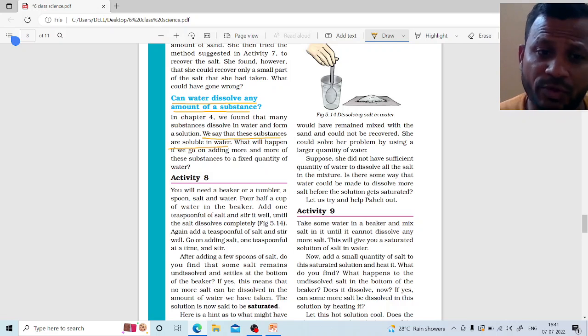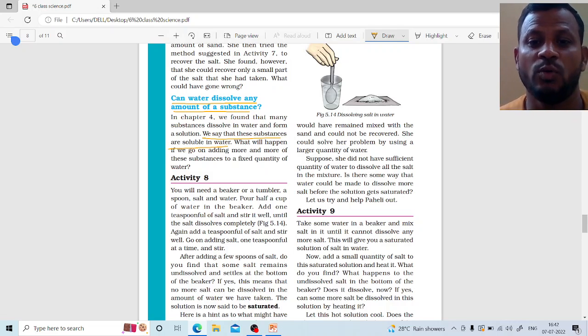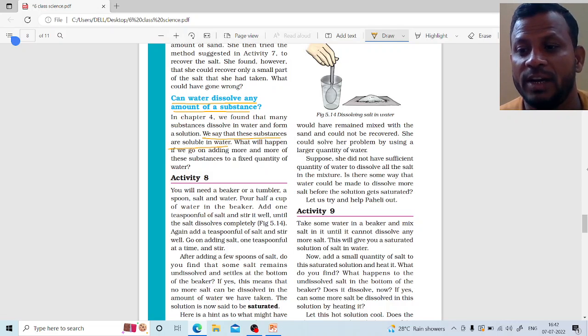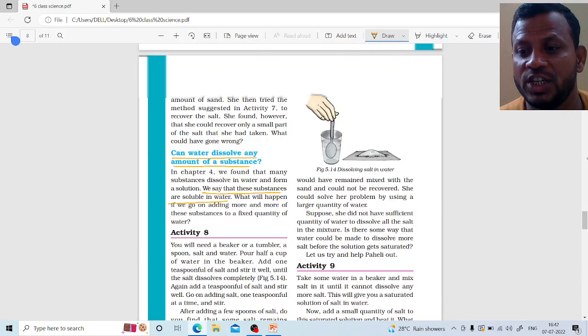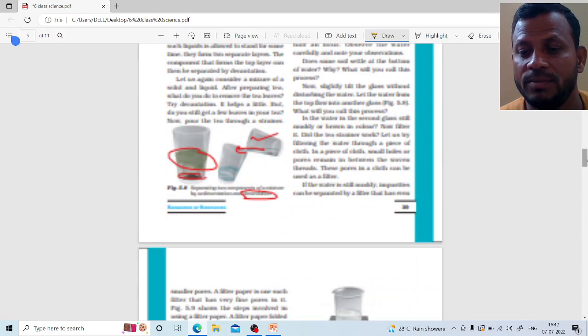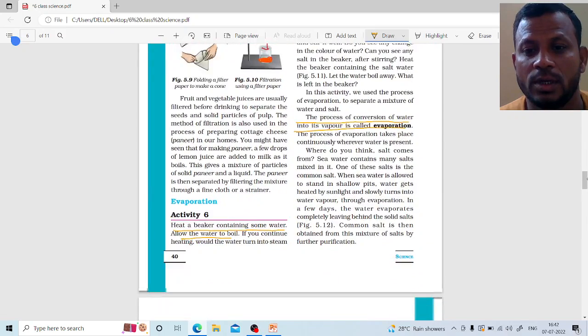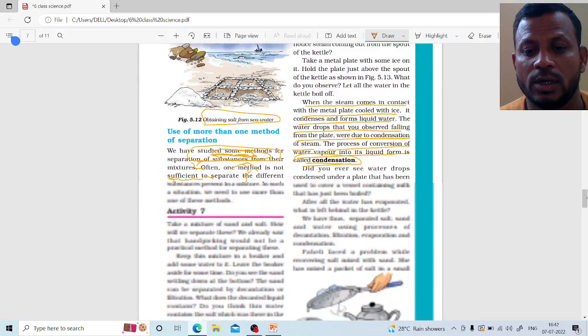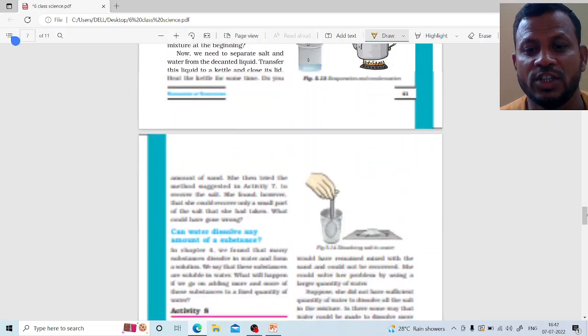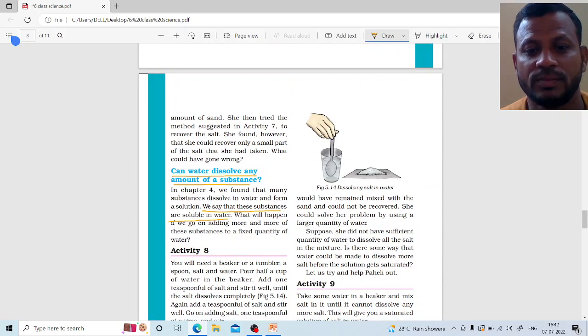What happens if we go on adding more and more substance to a fixed quantity of water?